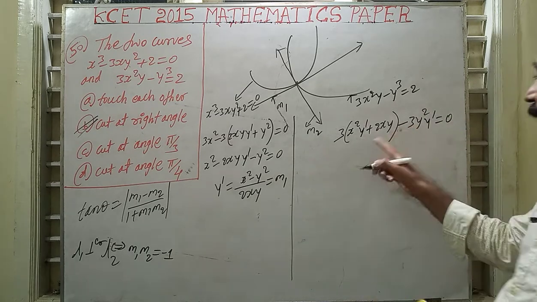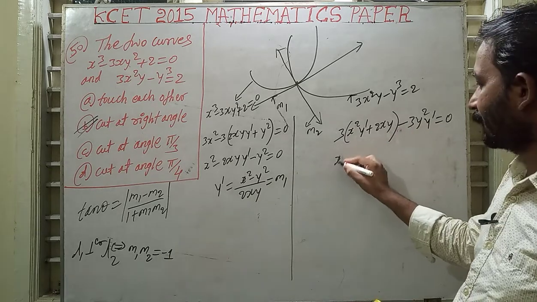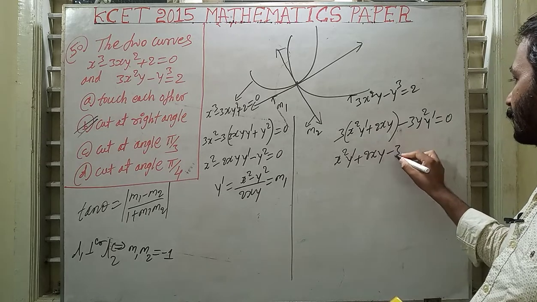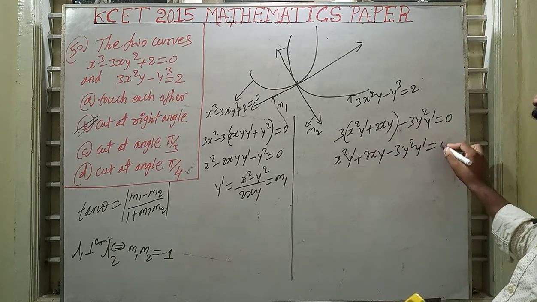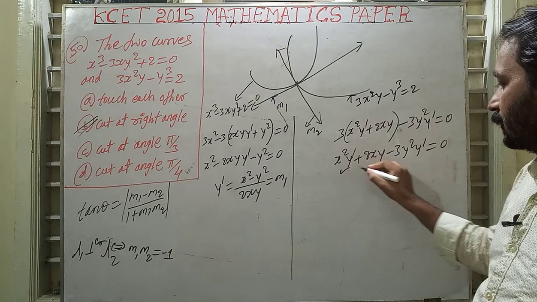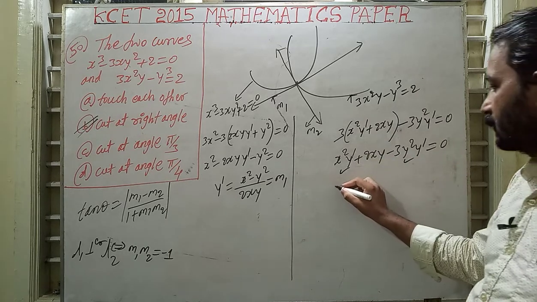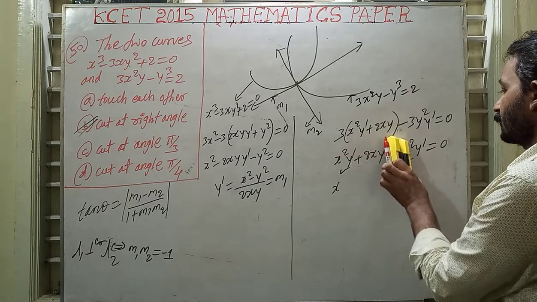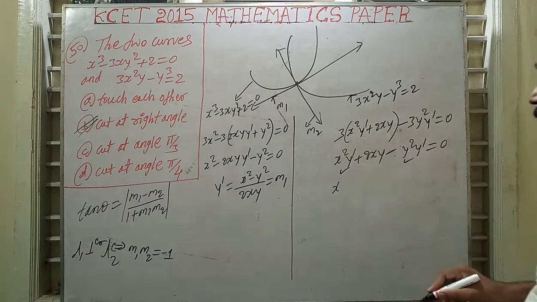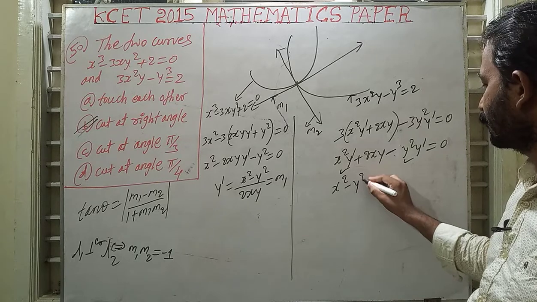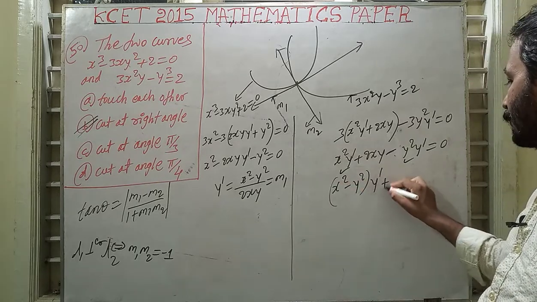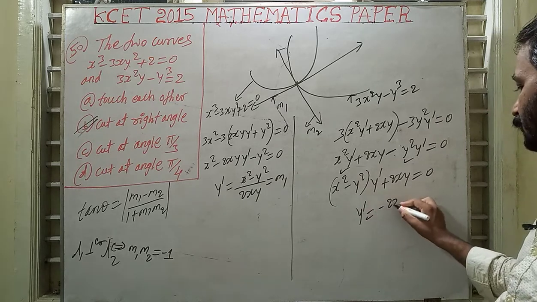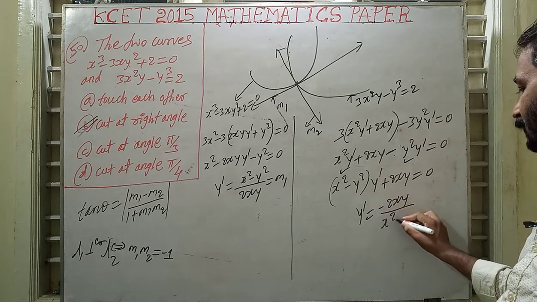Now dividing by 3 on both sides we get x square y dash plus 2xy minus y square y dash is equal to 0. The common term is y dash, so (x square minus y square) into y dash plus 2xy is equal to 0. Now y dash becomes minus 2xy divided by (x square minus y square).